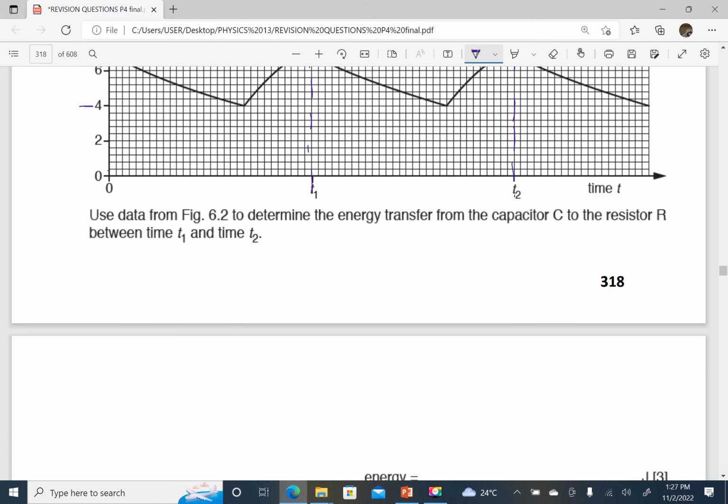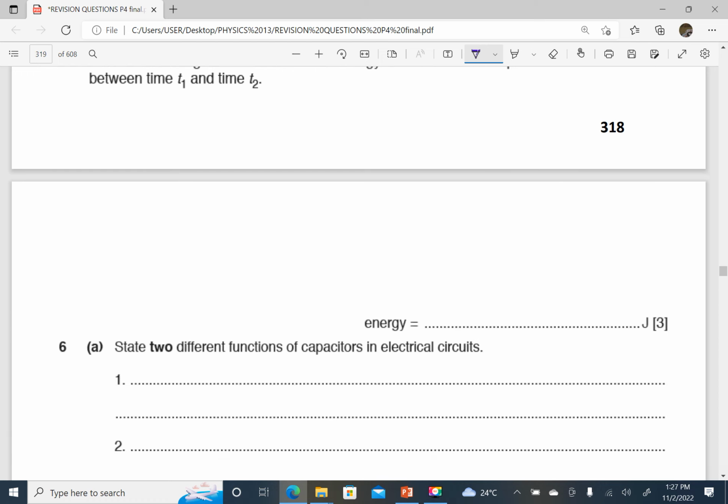So we can say discharge, because there are 3 marks. We shall start by simple explanation. Discharge occurs from 7.0 volts to 4.0 volts.